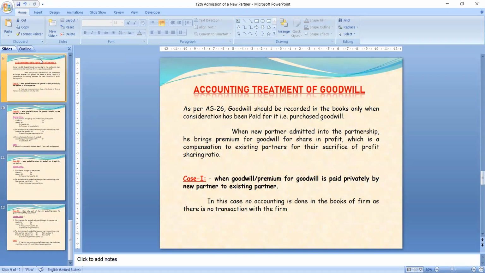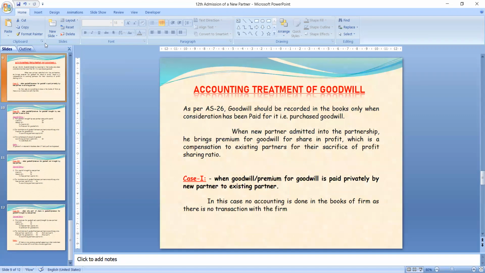Yeah. So I'm not going to discuss the calculation part, because generally in admission of a partner, the value of goodwill is given in the question. Okay, so we are not required to calculate the goodwill. So we will discuss how we will do accounting for goodwill.